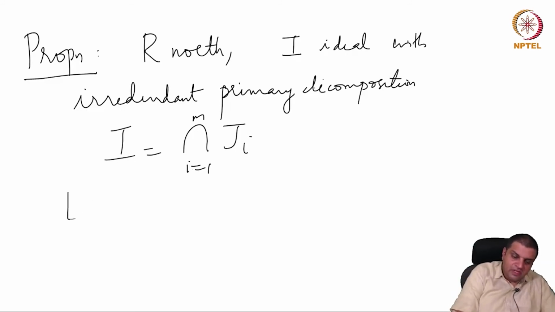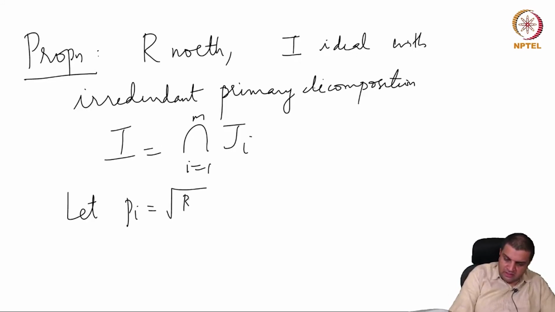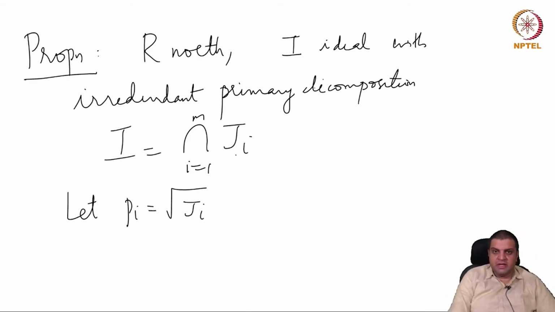Let Pi be the radical of Ji. Ji is a primary ideal, so the radical of Ji is a prime ideal.